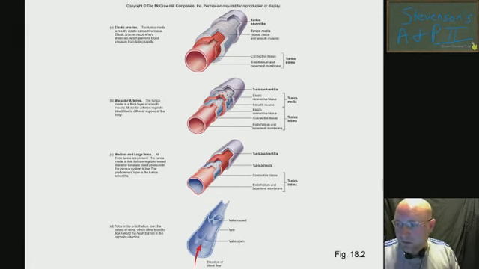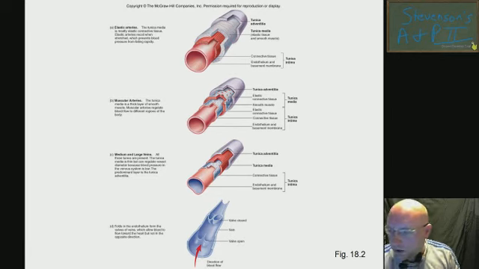Muscular arteries and elastic arteries both have your endothelium and basement membrane. They both have some connective tissue, but your muscular arteries are going to be coated with a layer of smooth muscle. Remember, smooth muscle is always auto-regulated, so it does not need an impulse from you to tell it to work. It works on its own.